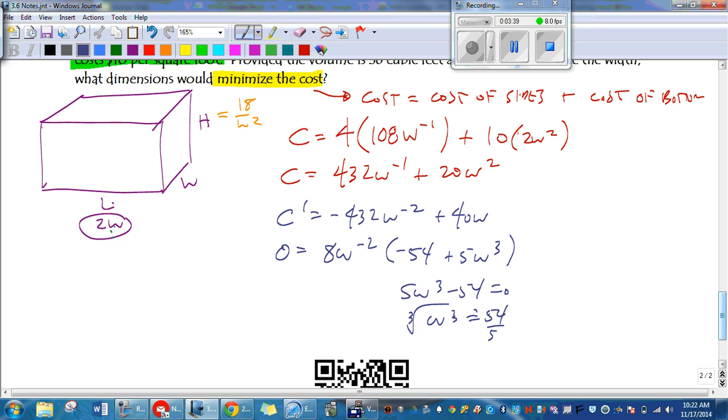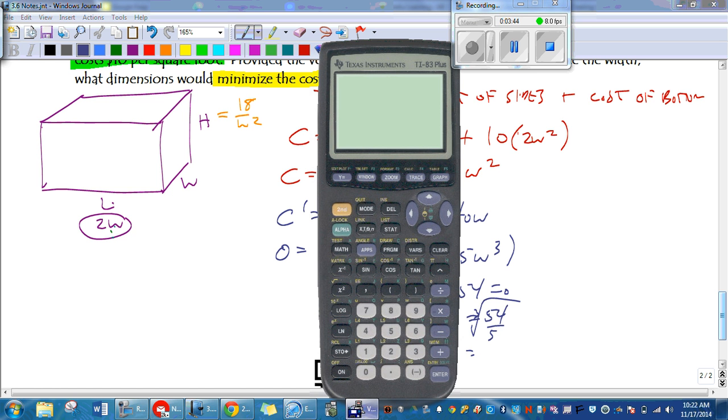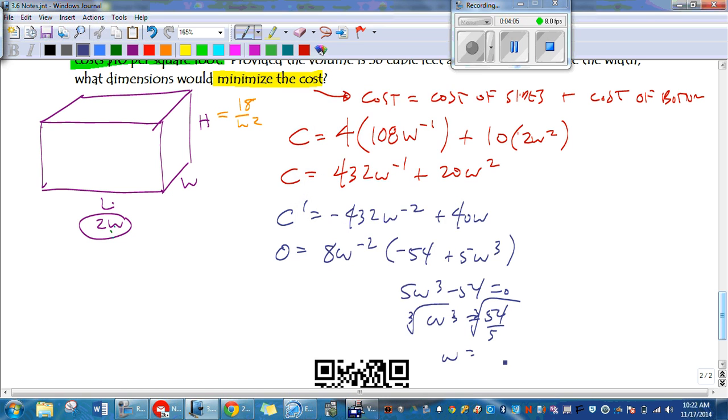So we can take the cube root of that to get w. So 54 divided by 5 to the 1/3 power. We get 2.210.